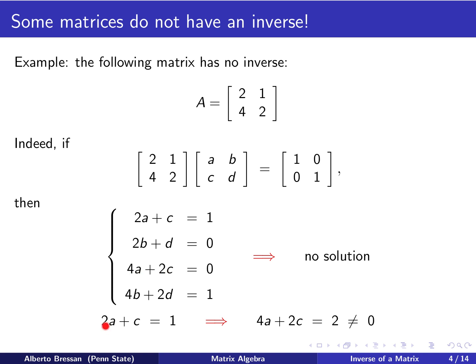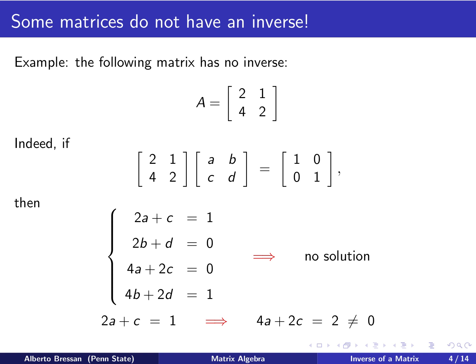And if 2a plus c is 1, then this quantity equals 2. It should be 2, but according to the third equation, it has to be 0. Therefore, we have an inconsistent relation, since 2 does not equal 0. Therefore, there is no solution.